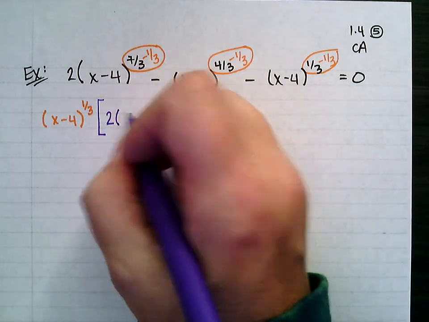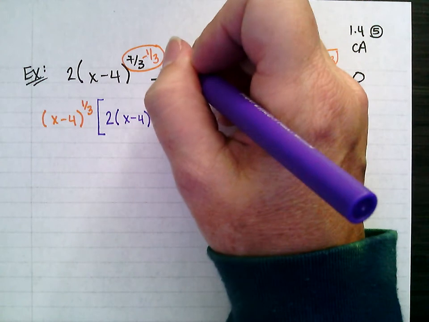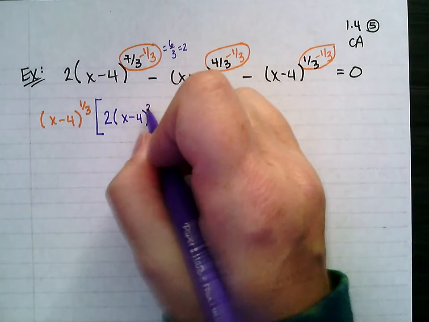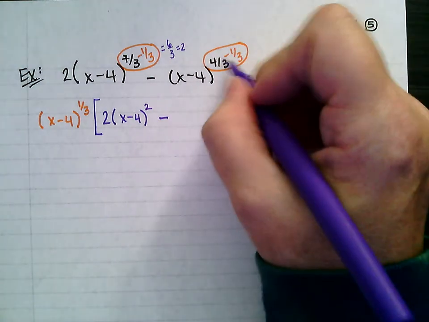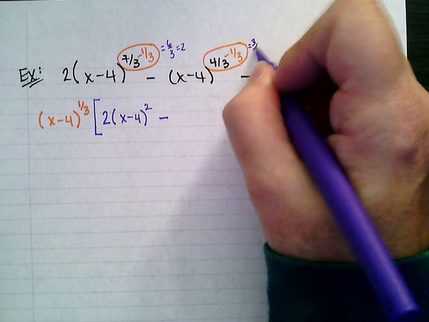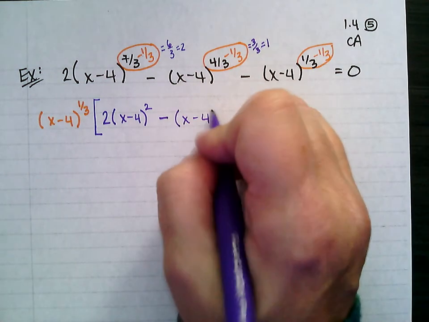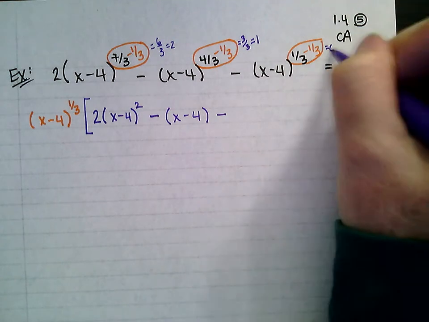And then I'm going to have x minus 4 to the power of 7/3 minus 1/3 is 6/3, which is 2. So 2 times x minus 4 squared. Minus 4/3 minus 1/3 is 3/3, which is 1. So minus x minus 4 to the first power, and then minus 1/3 minus 1/3 is 0.